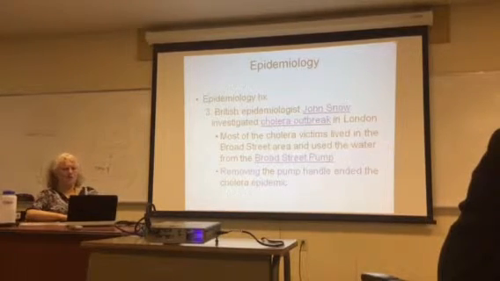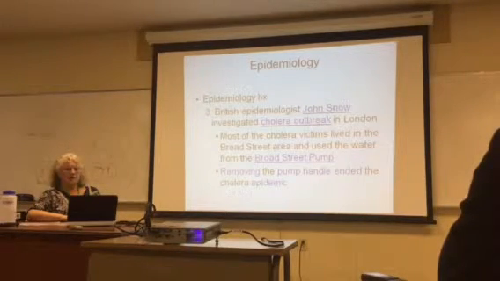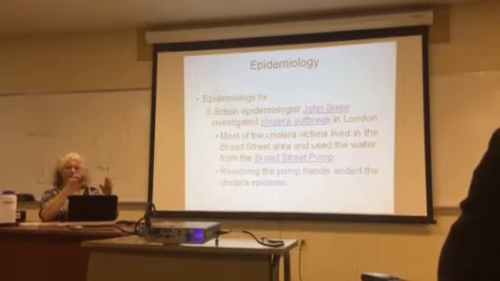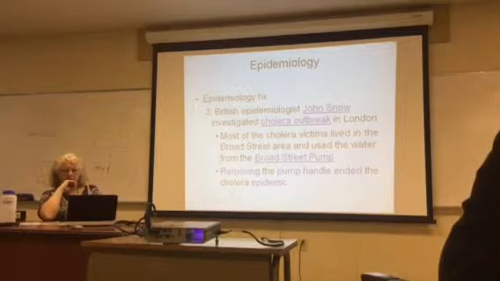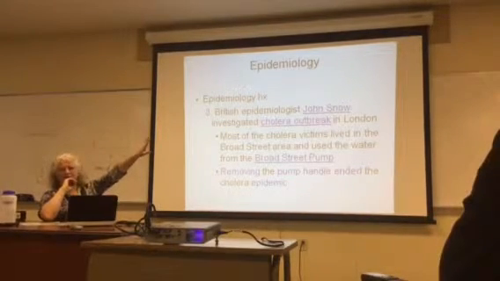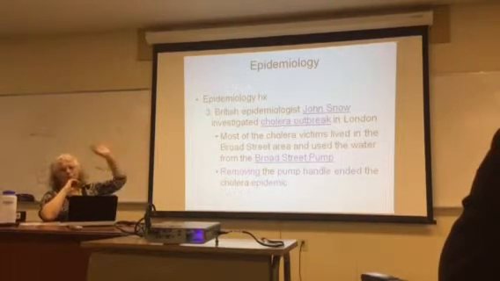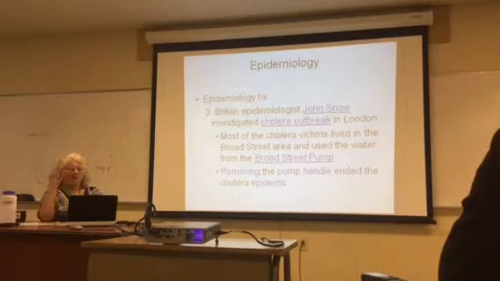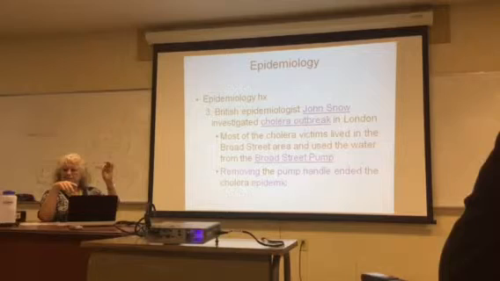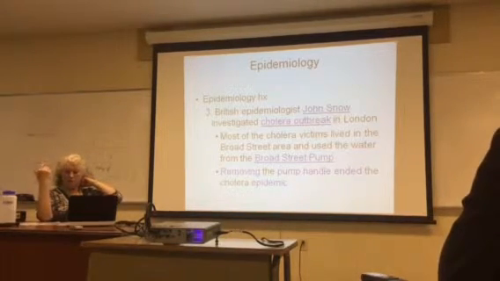So she was another one, and then this one's a real good one. The British epidemiologist John Snow was investigating a cholera outbreak in London. He decided to keep track of where everybody got their water from, where they lived, all this kind of stuff. He put up one of those maps that you see on CSI where they're putting pins in where all the murders are. He put up a pin every time somebody came down with cholera, and he found out where they got their water from.